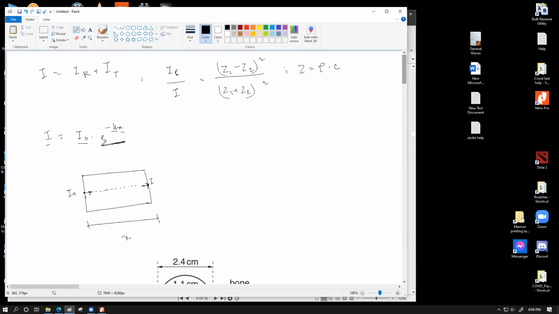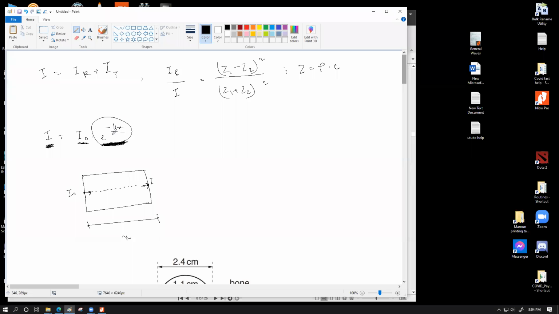This ratio that we see here, this part of the ratio, is basically a reduction factor. Reduction factor means that the emergent ray from a certain thickness of medium would be a certain portion of the original intensity. How much portion? This much portion. So if you have the presence of only one medium, you have only one of these variables.